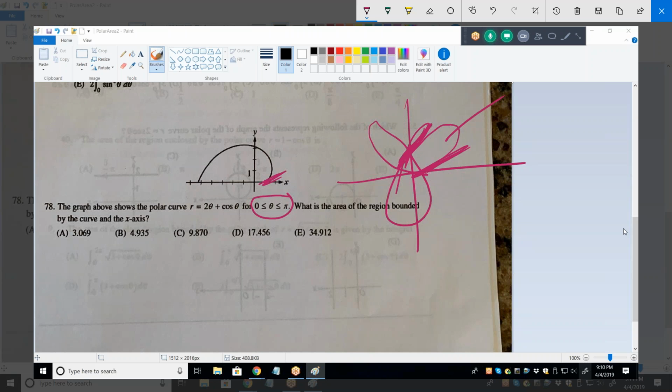Or the easy way to do it would be to go from 0 to pi of whatever this function is, knowing that it's a rose curve and it gets traced out twice when you go from 0 to 2 pi. So if I want the area of this rose curve, I'm going to go from 0 to pi, put in the function, and I'll have my answer. Right.